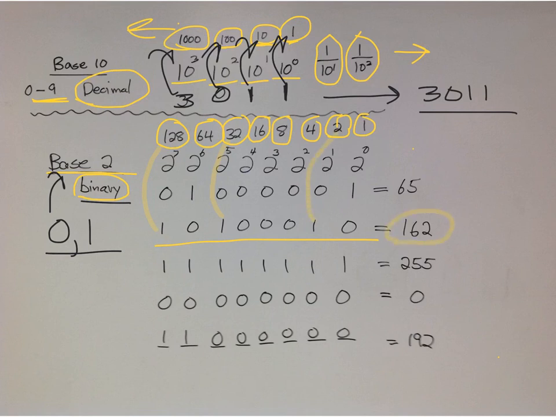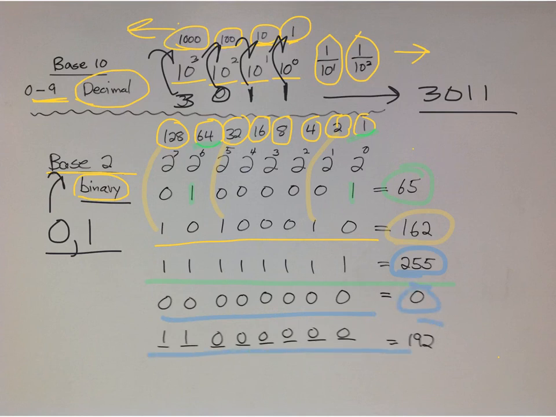That should be 162. Okay, let me use a different color here. Here we have one group of 64 and one group of 1, 65. If they're all ones, that's 255. All zeros, it's 0.